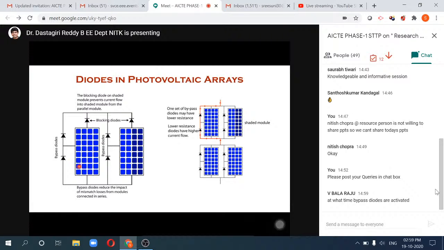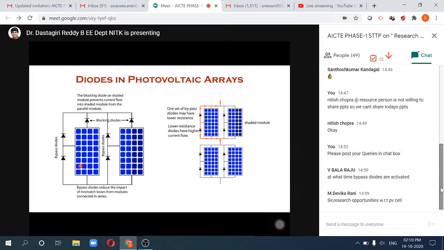So definitely it will activate the bypass diode, because there will be a reverse voltage applied across this particular solar cell, so it tries to act as a load for all these cells. Before that happens, the bypass diode will get activated. Whenever there is a reverse voltage applied across the cell, that will be a forward bias voltage for the bypass diode. In other words, whenever there is a forward voltage applied across the bypass diode, it will get activated.